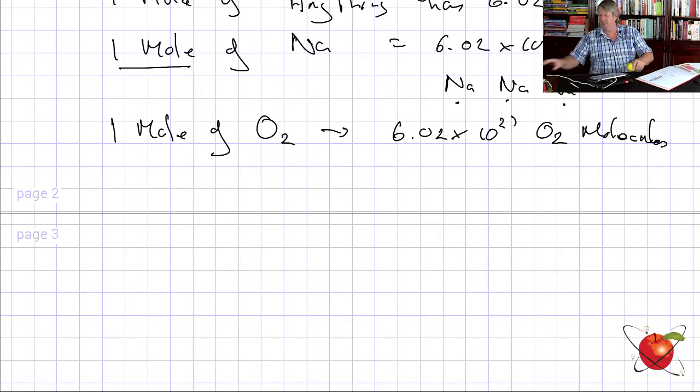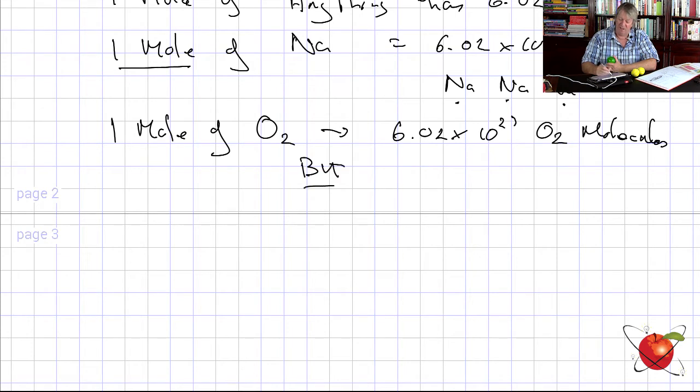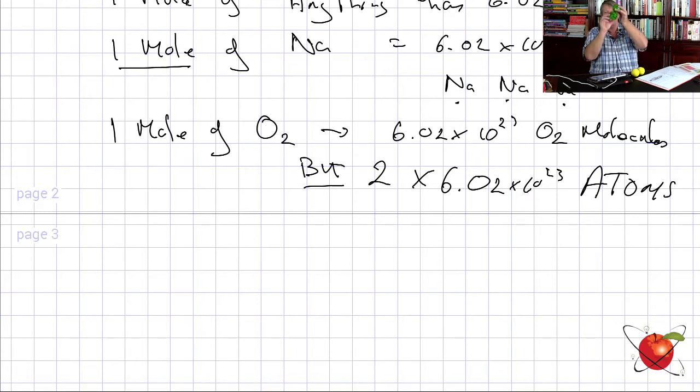So 1 mole of these, okay, there are 6.02 times 10 to the 23 of those units. But that splits into 2, right? Which means 1 mole of O2 has got 2 times 6.02 times 10 to the 23 atoms. Isn't it? Because it's splitting, right?